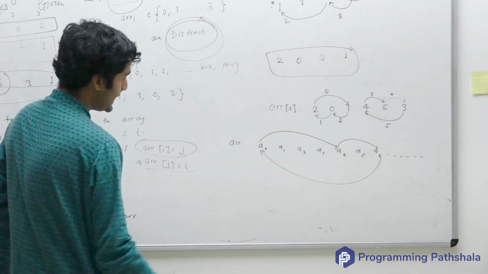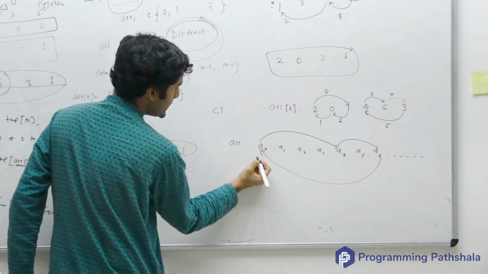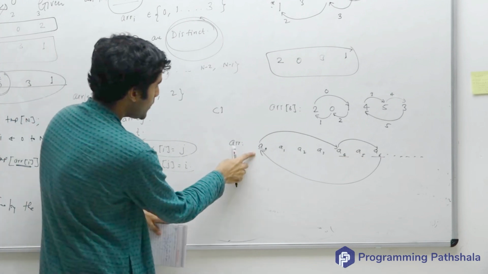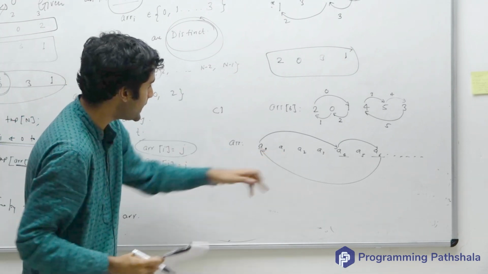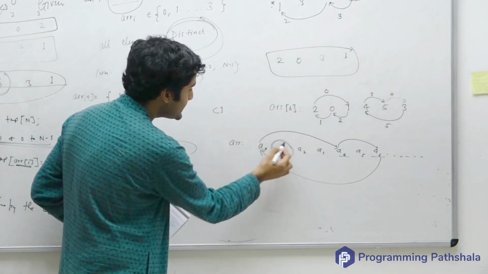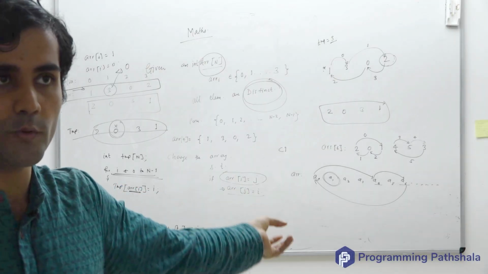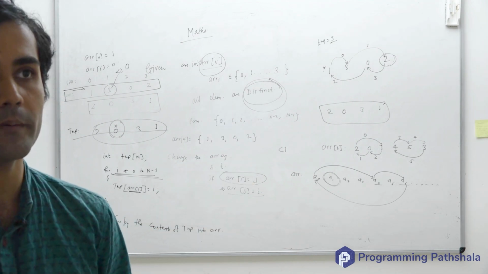I am calling this cycle 1; it touched this element and this element. Now basically you are iterating over the original array. When you iterate and move on, how will you identify whether this element was a part of a previous cycle or not? Will you be able to do that?